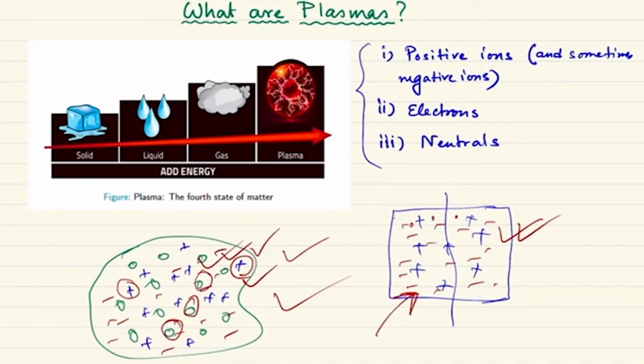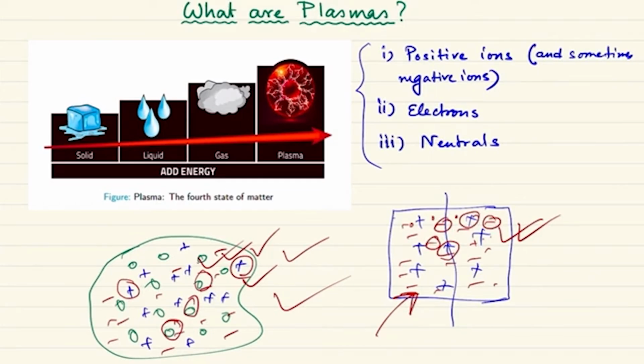A part of this energy is used as the ionization energy of these molecules. Now the rest of the energy supplies the kinetic energy of these charged particles.